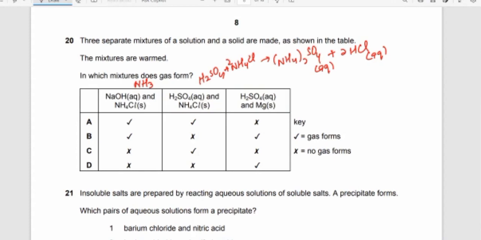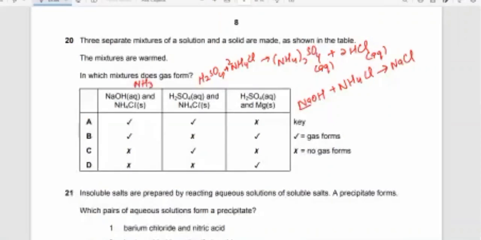But here, the first reaction, NaOH reacts with NH4Cl. What will form? NaCl, Na and Cl, NH3 and one hydrogen, and with OH it will form H2O. And NH3 is a gas, it will be released.